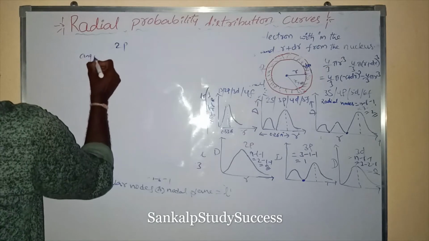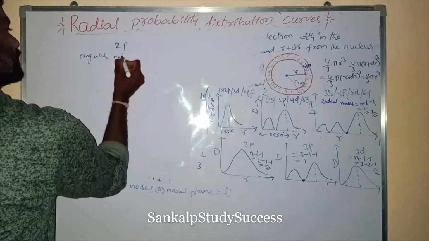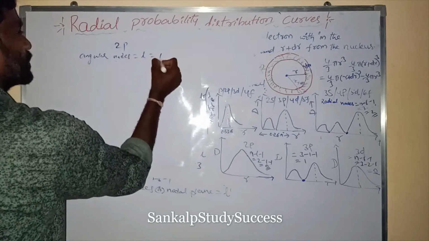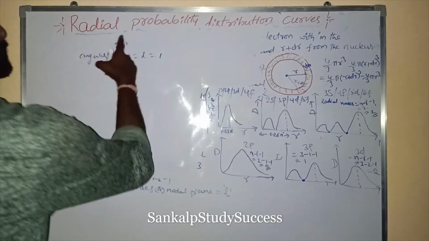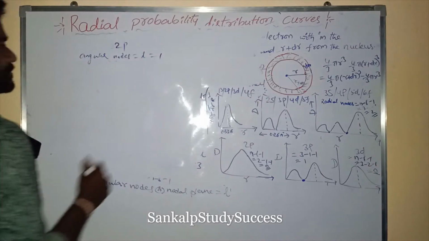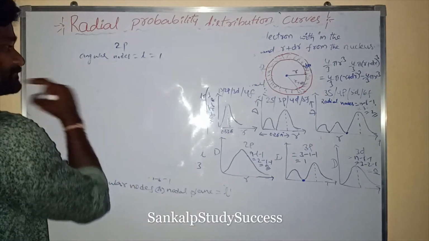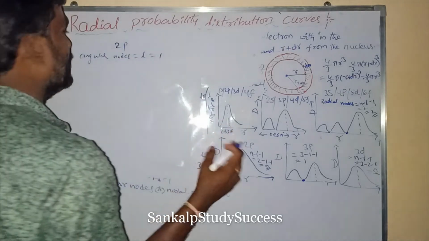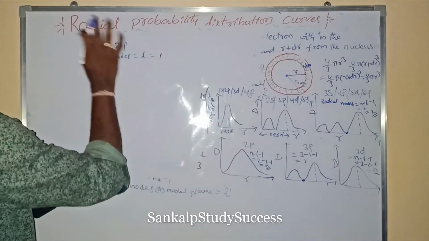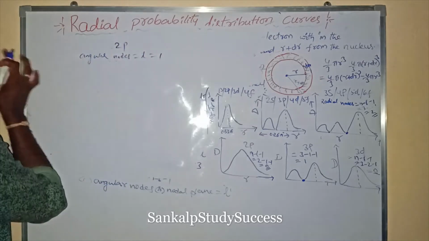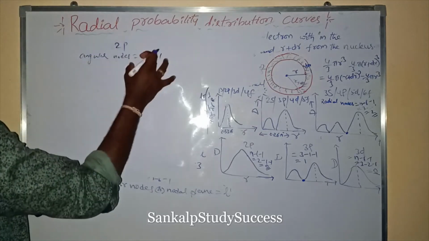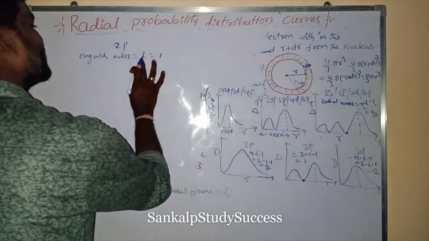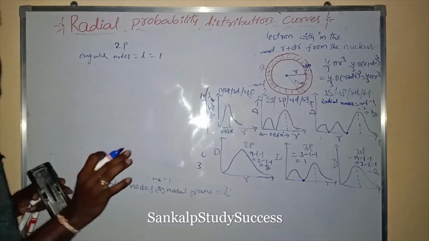Angular nodes is equal to the l value, 1, so it is equal to 1. One angular node is present in the 2p orbital. For all p orbitals like 2p, 3p, 4p, how many angular nodes are there? 1. So the angular nodes are constant for any p orbital, like 2p, 3p, 4p: it is 1. Why? Because the l value is the same.